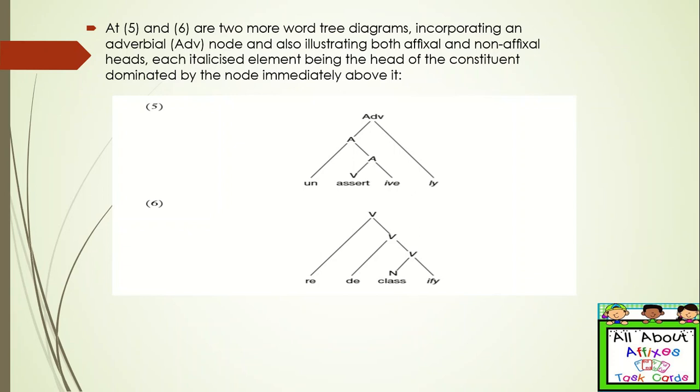In number 5, assertively, adverbial down to affix. So the affix here is ly, and on the right side it goes from adverbial to adverbial down to the verb assert. And the adjective here is ive.